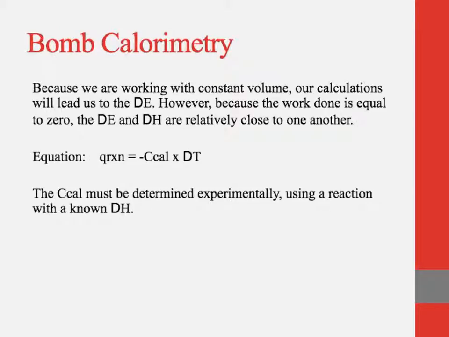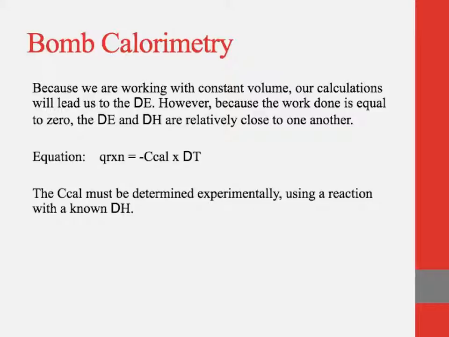Because we're working with a constant volume, our calculations will lead us to delta E, change in energy. However, because the work done is equal to 0, delta E and delta H are relatively close to one another. So the equation that we're using is the Q of the reaction is equal to negative C in kilocalories, multiplied by your change in temperature.